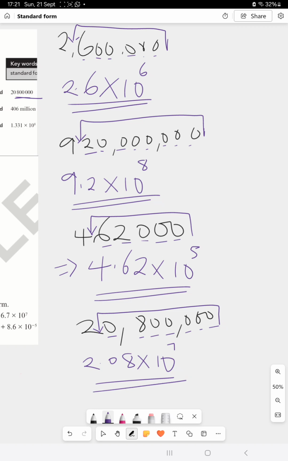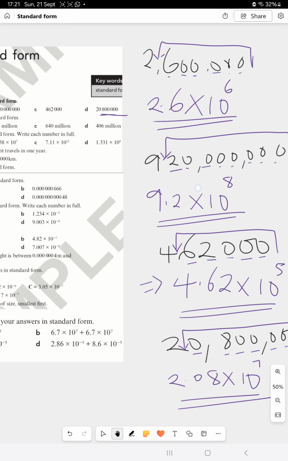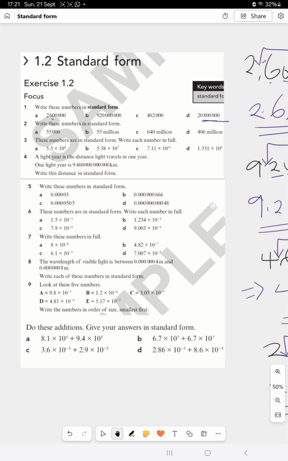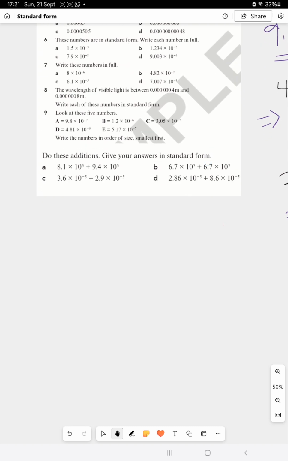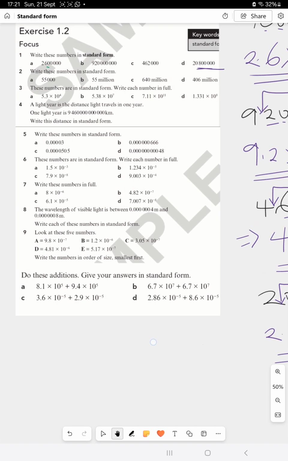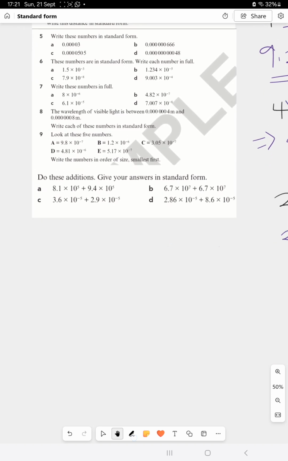So that's now for question 1. Let's go to question 2. You're told, write these numbers in standard form. Again, I will do question 2 over here. The first one is 55,000.